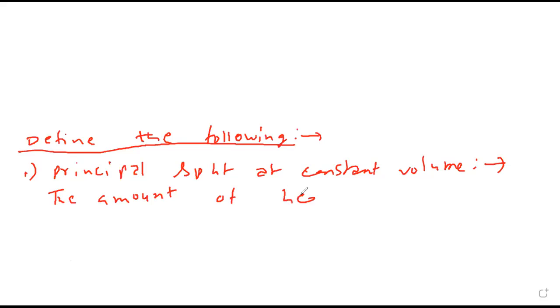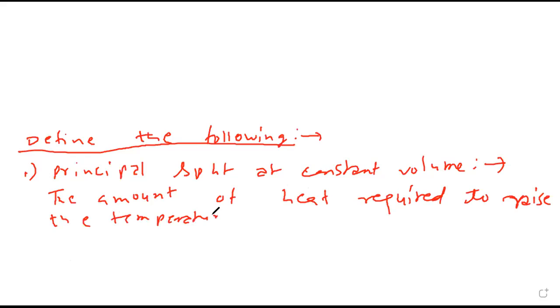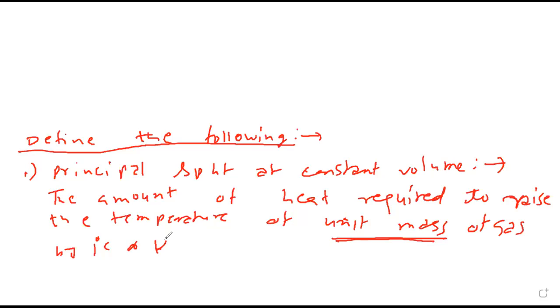The amount of heat required to raise the temperature of unit mass of gas. See, we are talking about unit mass of gas, not unit mole. Unit mass of gas by 1 degree Celsius or 1 Kelvin at constant volume.